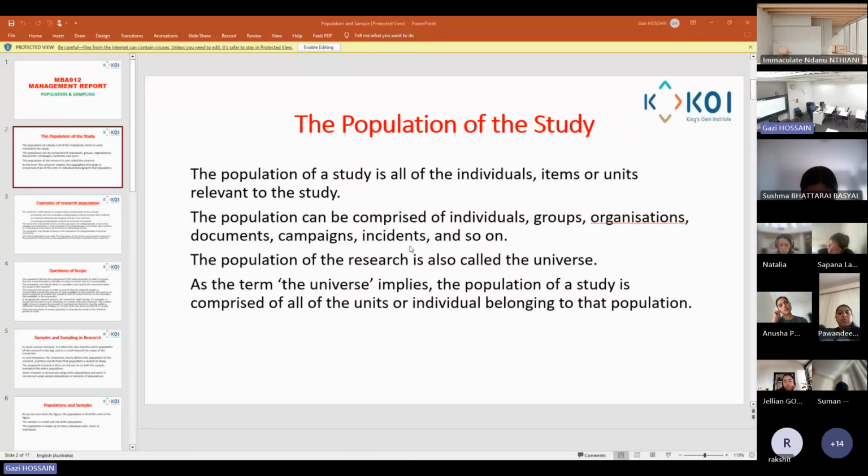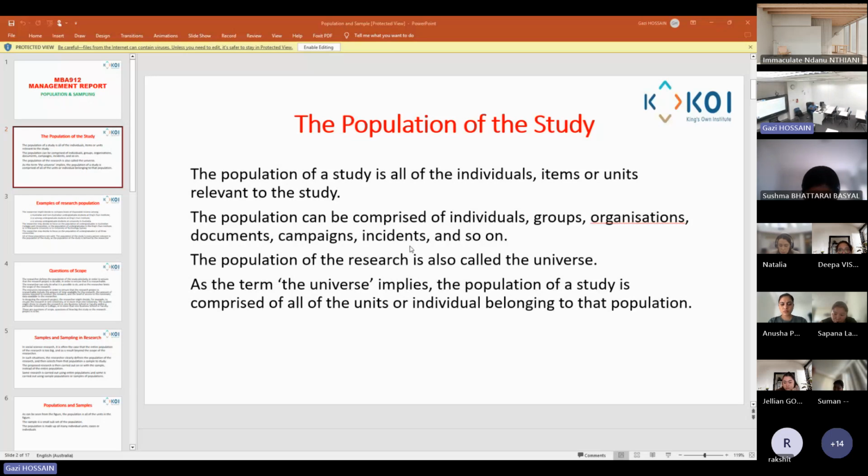But for example, if our topic is job prospects for international graduates: a case study of KOI graduates, then we will be collecting data only from KOI because we are having the case study only at KOI. In this case, our population will be coming from KOI. Say, at this moment, there are about 6,000 students at KOI. So all these 6,000 students will be the population.